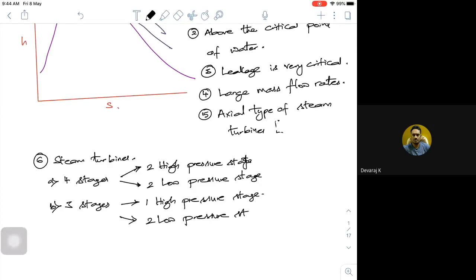So this is how the construction looks if I go for a steam turbine.